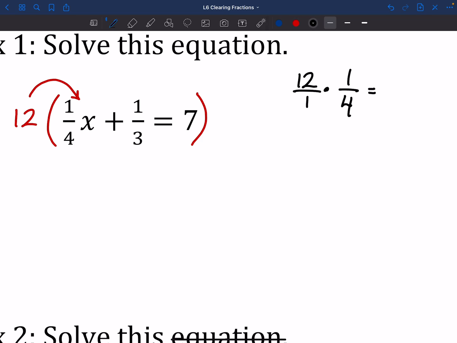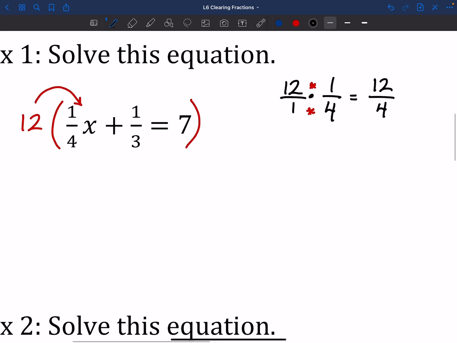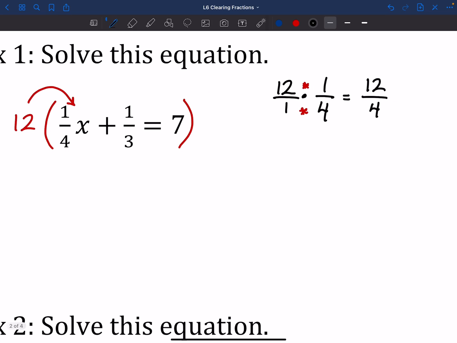When I'm multiplying two fractions, the top multiplies the top, so 12 times 1 is 12. The bottom multiplies the other bottom, so 1 times 4 is 4. Now we have 12 divided by 4, and we can simplify that to just be 3.